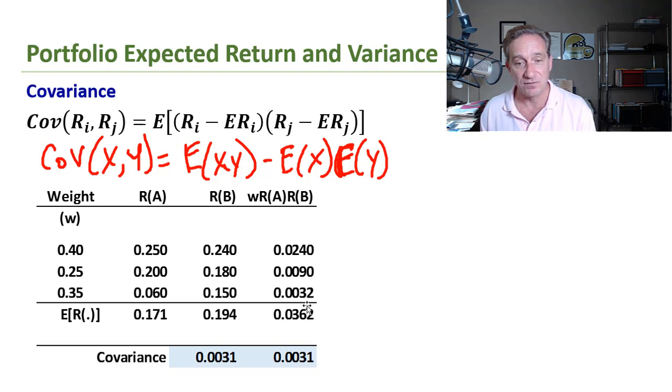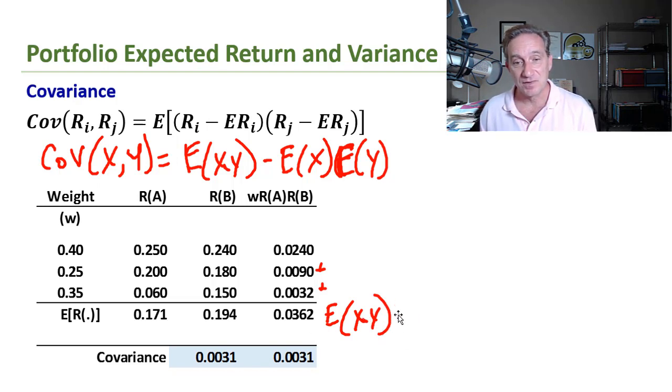What have I solved for? Well, I've solved for the expected product, right? Because 0.25 times 0.24 has a 40% probability. Then I'm adding the product here multiplied by its weight. So if I add these together, what I'm getting here is the expected product, or cross product if you like.